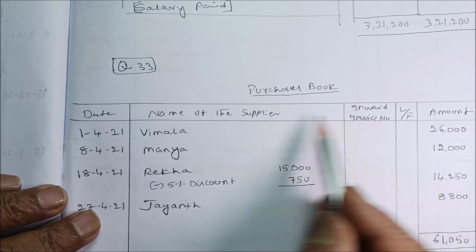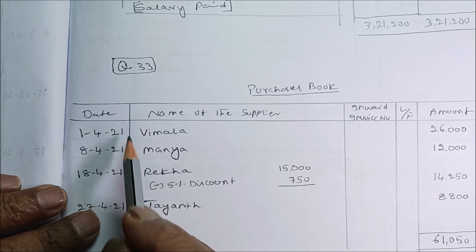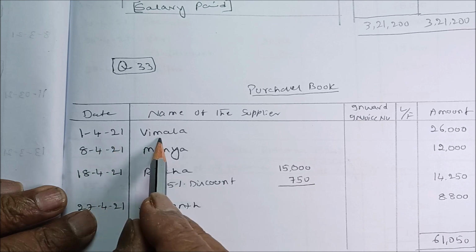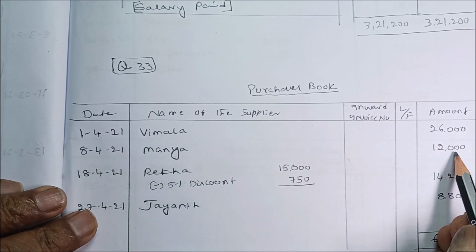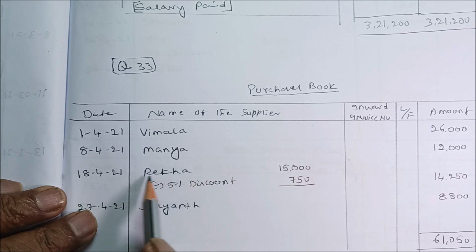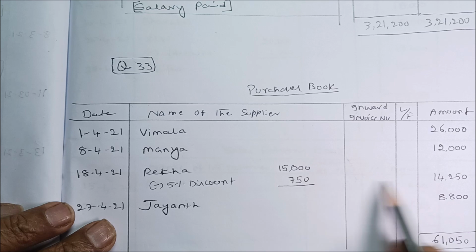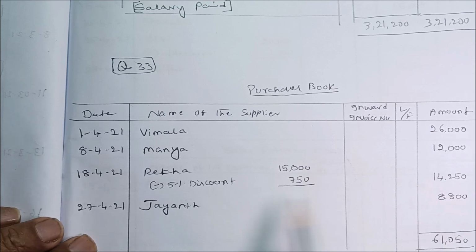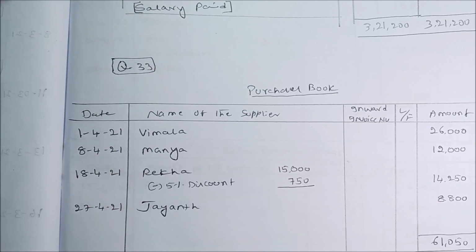You can write inward number after the date also, there is no hard and fast rule, right? So 1/4/21 Vimala 26,000, 8/4/21 Manya 12,000, 18/4/21 Rekha 15,000, 5% discount 750, 14,250. Then 27/4/21 Jayant 8,800. Total it comes to how much actually?